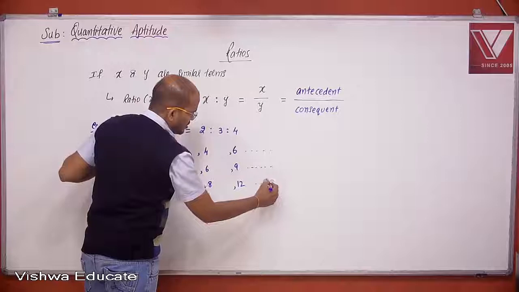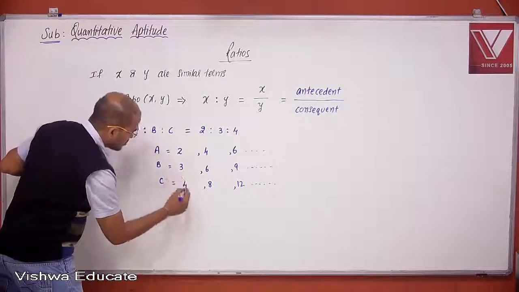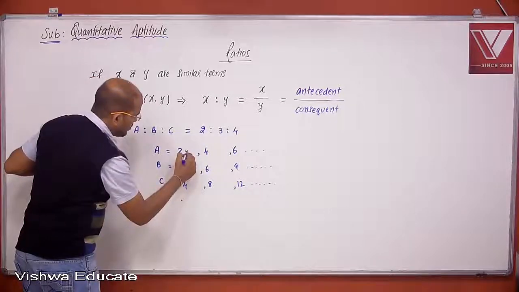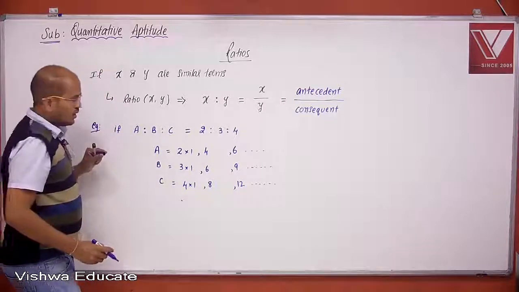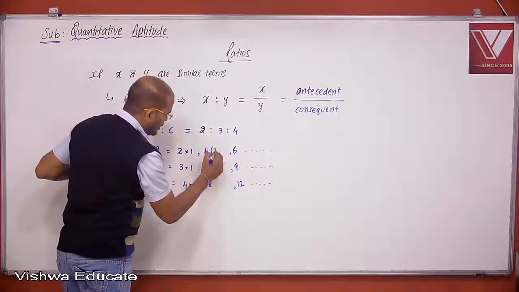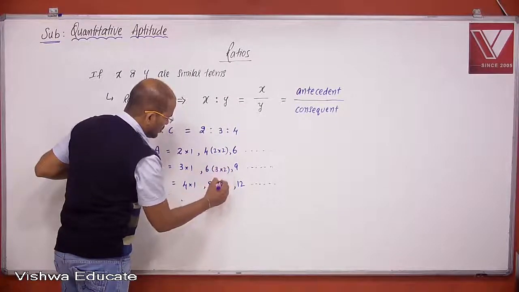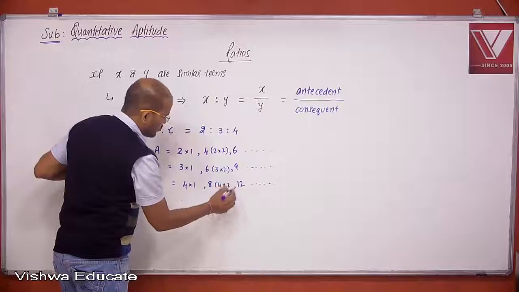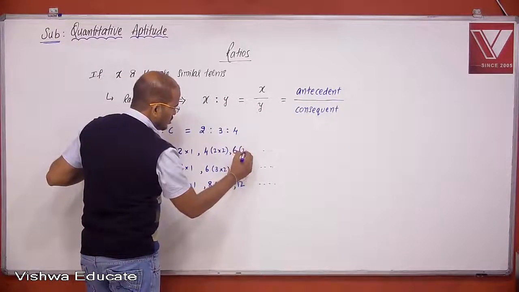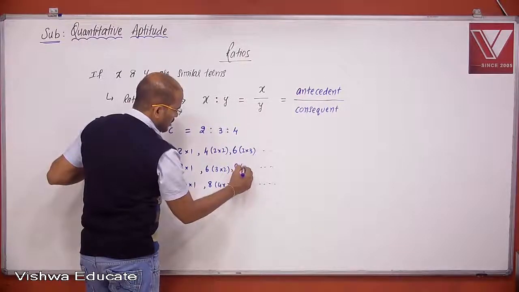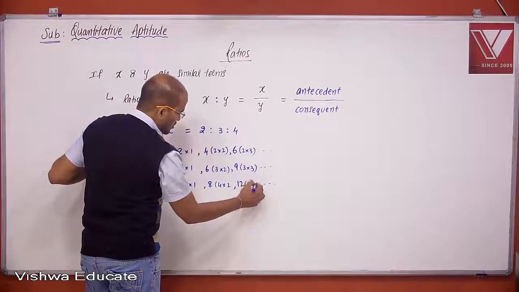It depends. Now this 2, 3, 4 can be written as 2 times 1, 3 times 1, 4 times 1. And this 4, 6, 8 is written as 2 times 2, 3 times 2, 4 times 2. Yes or no? And 6, 9, 12 is 2 times 3, 3 times 3, 4 times 3.